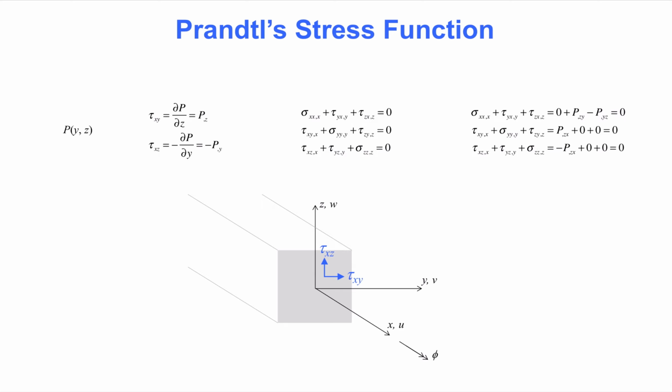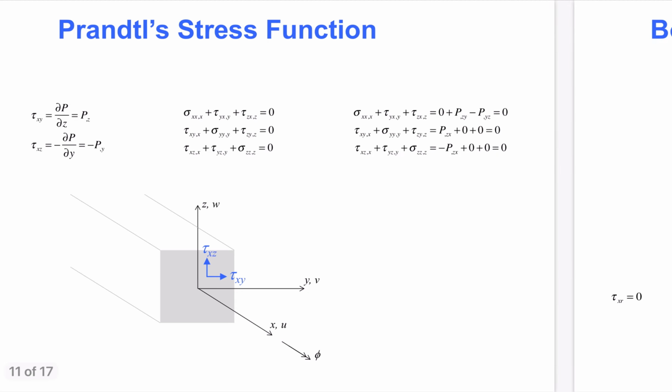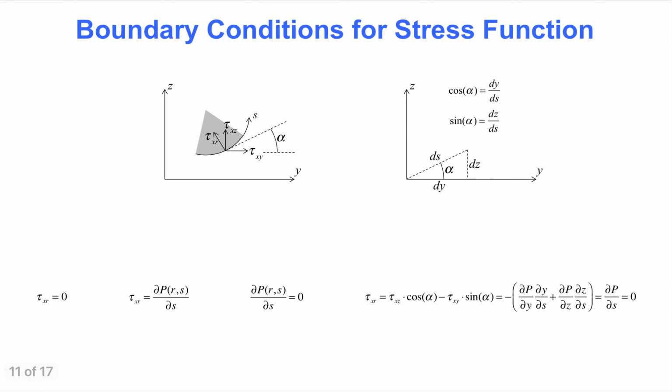Third, the shear stress tau yz is zero because the cross-section is assumed to retain its shape. In summary, the use of Prandtl's stress function as a surrogate measure of stress automatically satisfies the equilibrium equations. On the next slide, we formulate boundary conditions for the stress function, with the hope that we may soon look at actual expressions for the stress function.